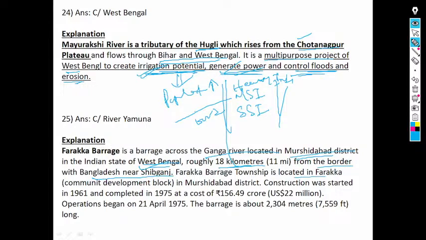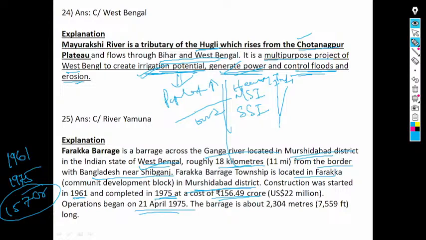Farakka barrage township is located in Murshidabad district. Construction started in 1961 and was completed in 1975, at a cost of about 157 crore.